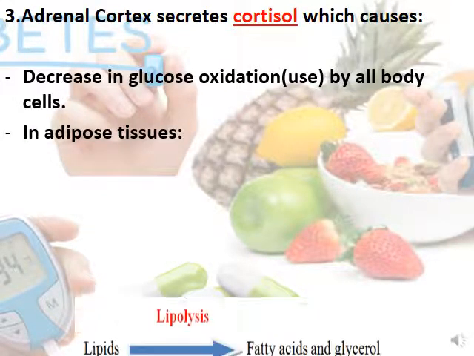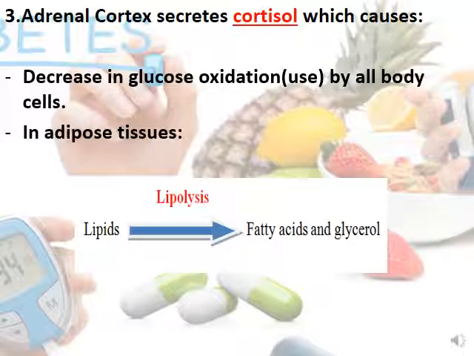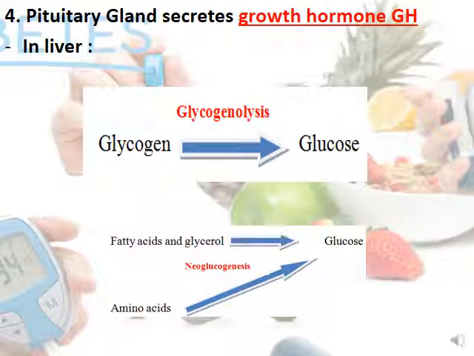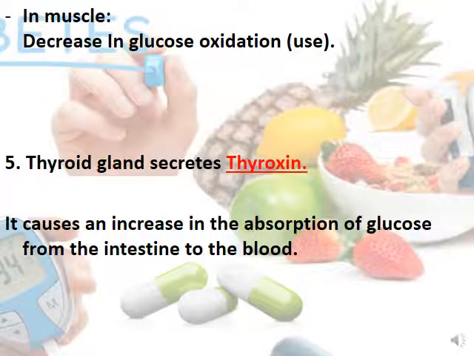In adipose tissues, lipids by the process of lipolysis give fatty acids and glycerol. The pituitary gland secretes growth hormone. In the liver, glycogen by glycogenolysis gives glucose, and fatty acids, glycerol and amino acids by neoglucogenesis give glucose. In muscle, there is a decrease in glucose usage or glucose oxidation. The thyroid gland secretes thyroxine. It causes an increase in the absorption of glucose from the intestine into the blood.